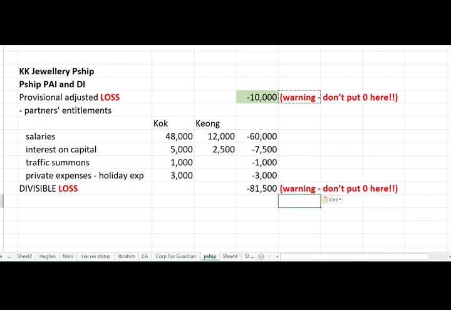Because you only come to current year business loss when your adjusted income is negative. So we've come to the figures that we need. Now we can compute the partnership business statutory income.